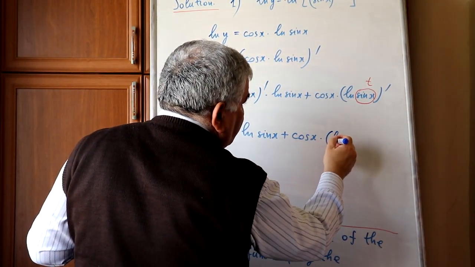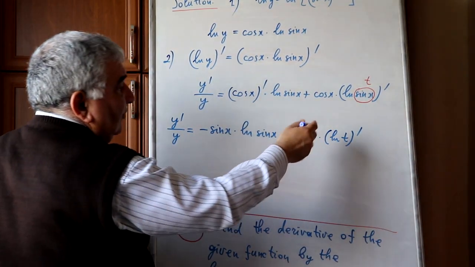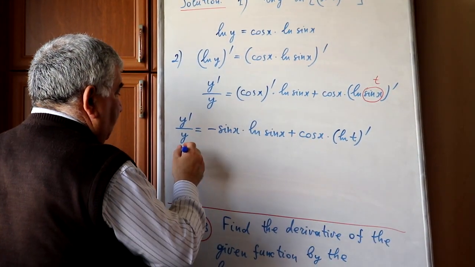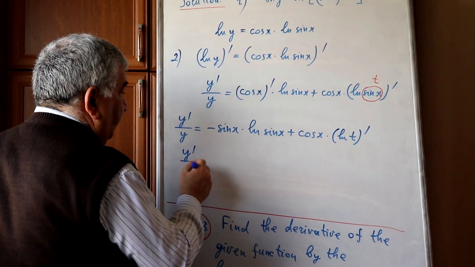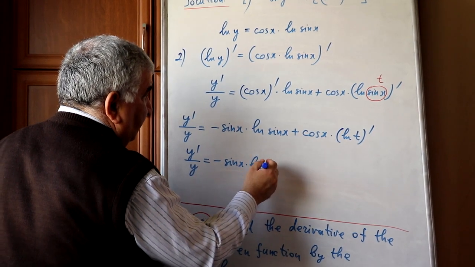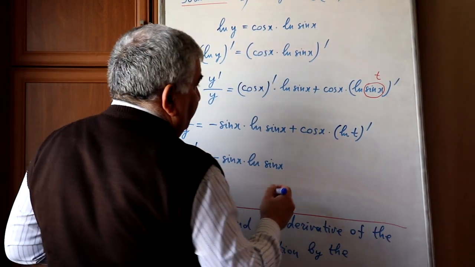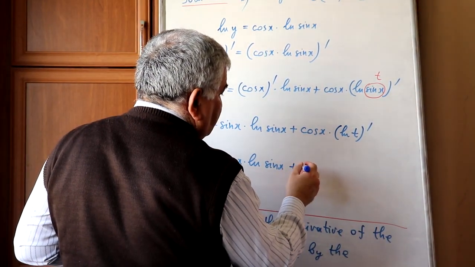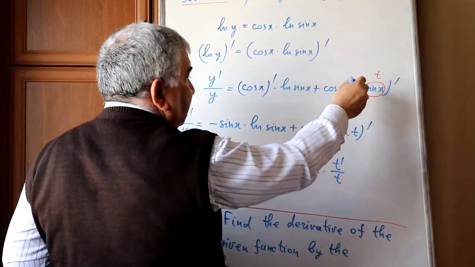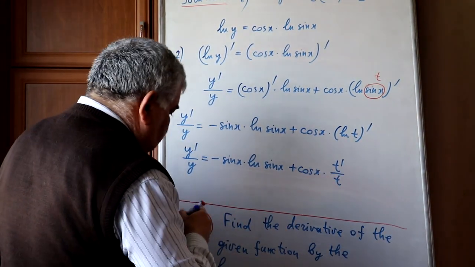Then we have natural logarithm of t prime, and then use the formula of logarithmic derivative. Y prime over y equals minus sine x multiplied by natural logarithm of sine x, plus cosine x multiplied by t prime over t, and then substitute sine x instead of t. Then continue.